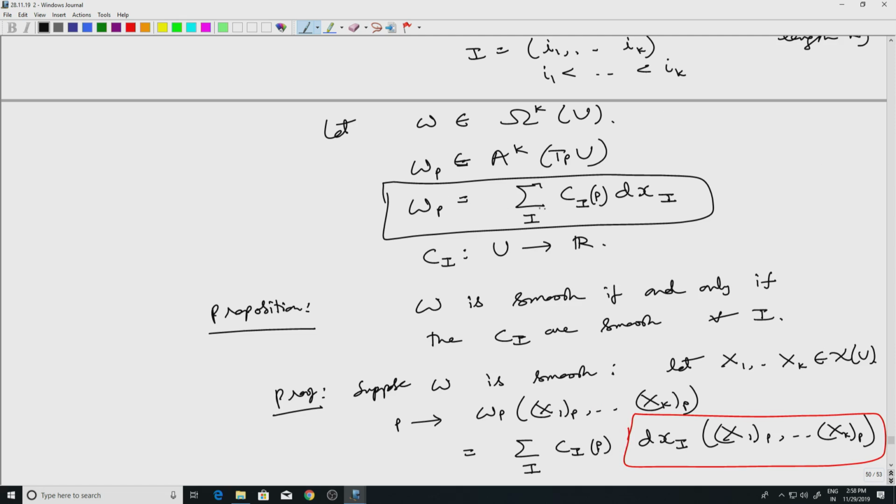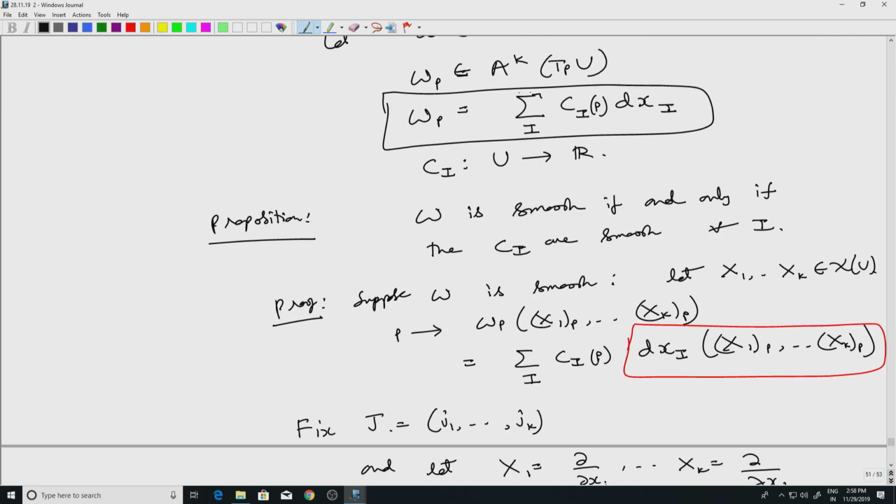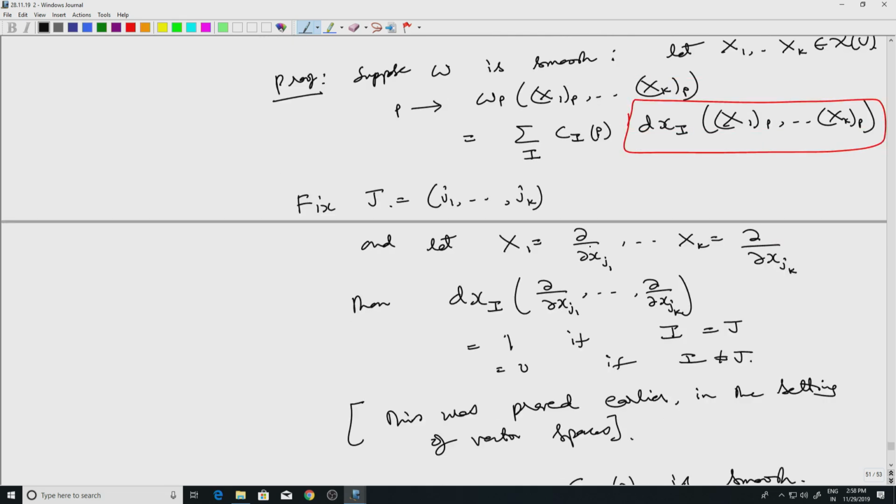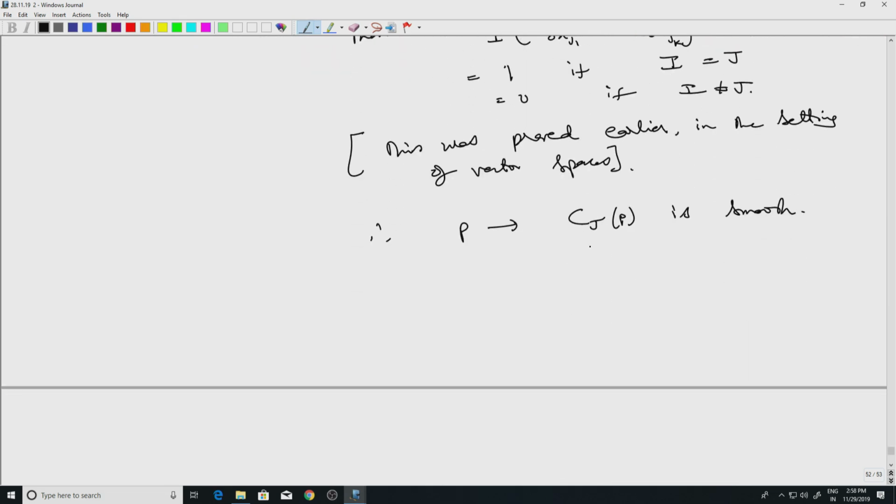The main observation is that we have a natural basis for the space of alternating k-tensors, and in terms of the basis, smoothness amounts to saying that the coefficient functions are smooth, and we have proved one part of this statement.